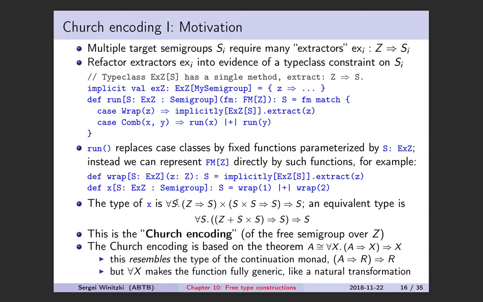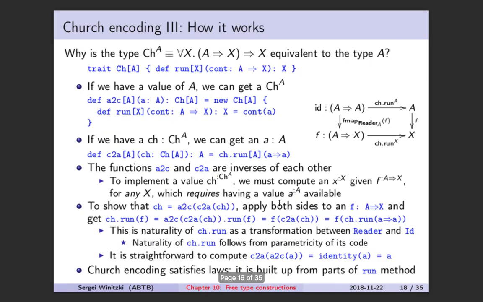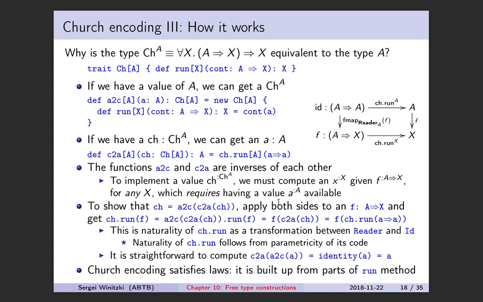This example was a type class that I church encoded, the free semigroup. And the property of the church encoding is that it will automatically satisfy the laws. And the reason is we know that laws will be satisfied after you run the free type class instance.